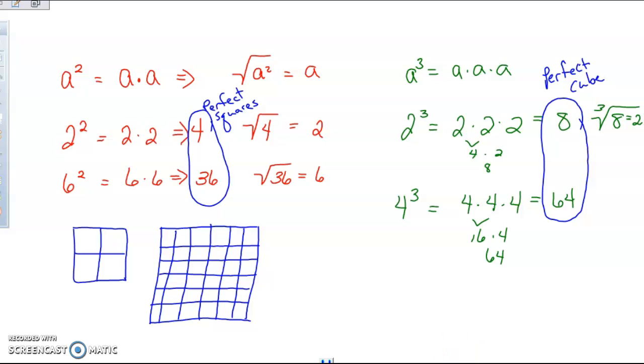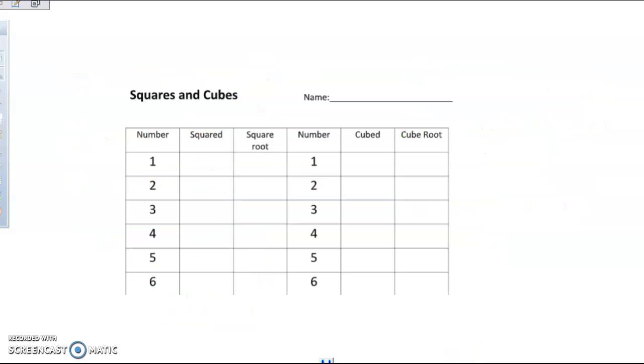Okay. If you look on Google Classroom, you'll have an assignment that is attached. It's called Squares and Cubes. This is actually going to be in your resource topic to help you with finding it later. So if I have 1 and I square it, 1 times 1 is equal to 1.